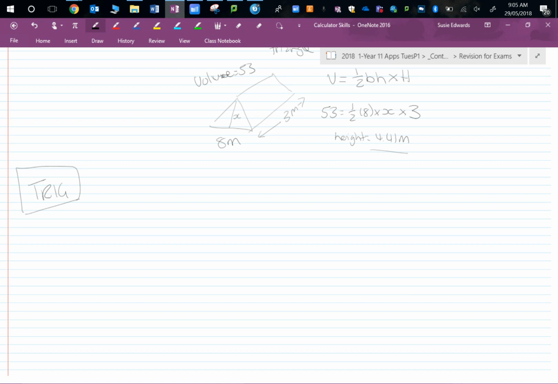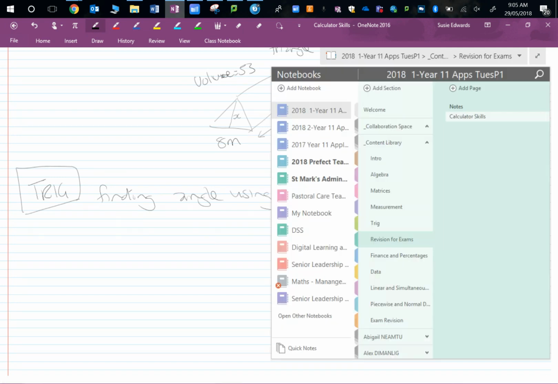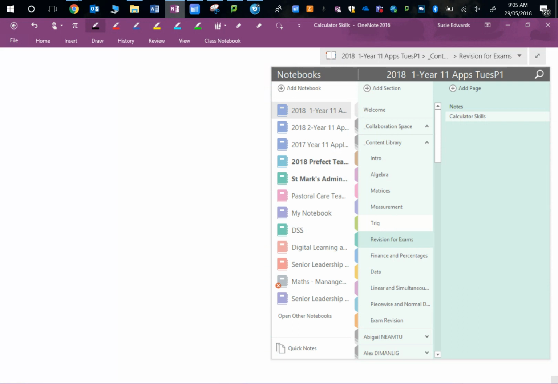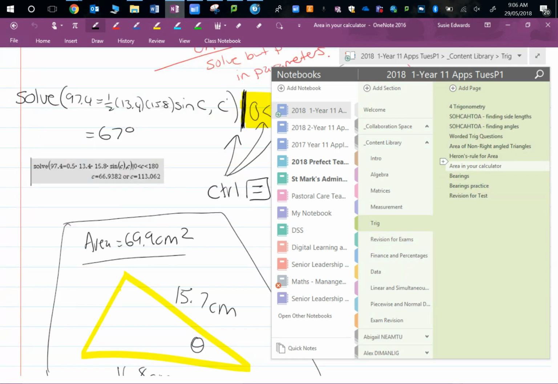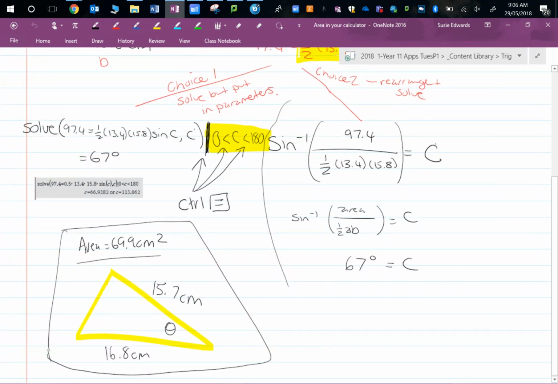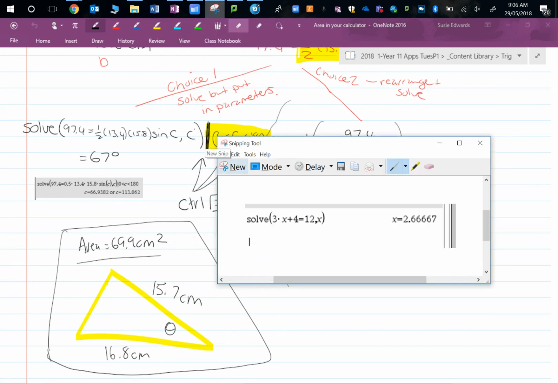Don't forget with trig, if you are finding the angle using sine, you need to remember to put in the buttons. I'll just grab it from where we've looked at it before because otherwise it will take forever. Area in your calculator. If you guys can remember this part here, you need to be able to just cut and paste this actually.